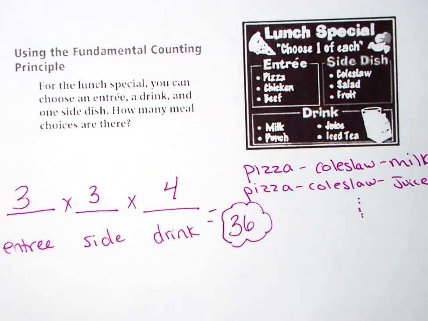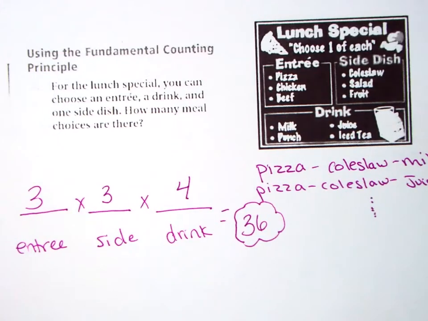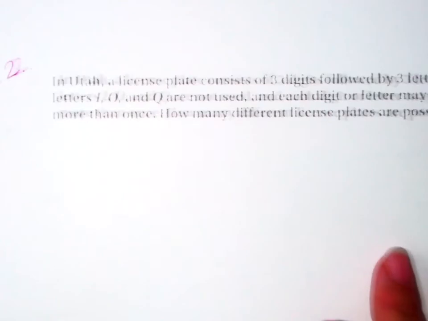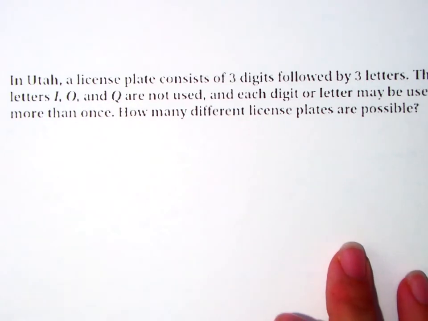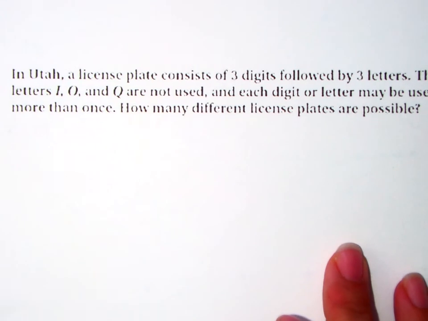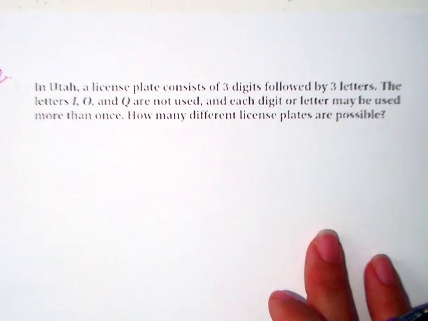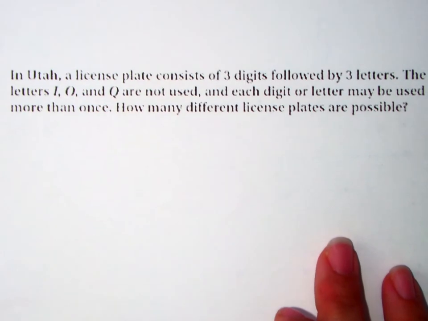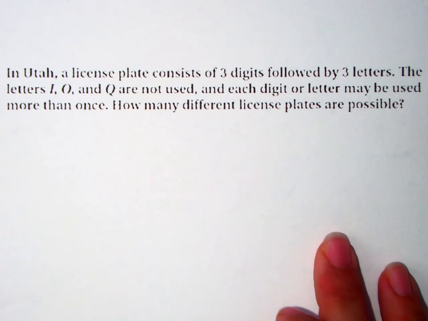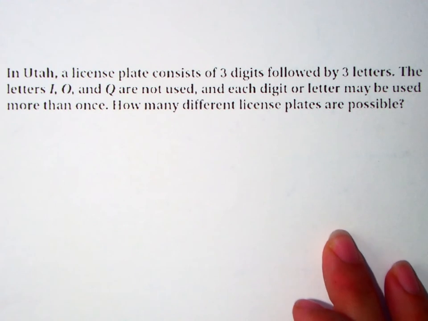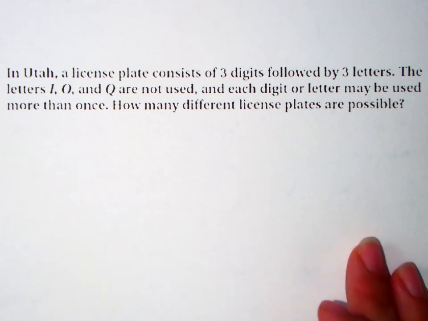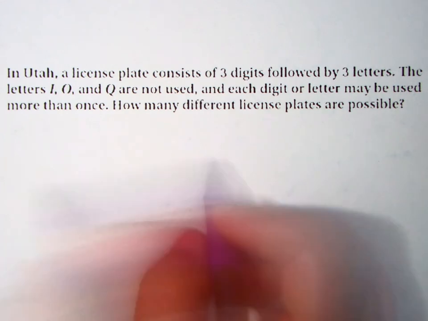Okay. For our second example, let's look at another one. In Utah, a license plate consists of 3 digits followed by 3 letters. So right off the bat, I would just kind of set it up.